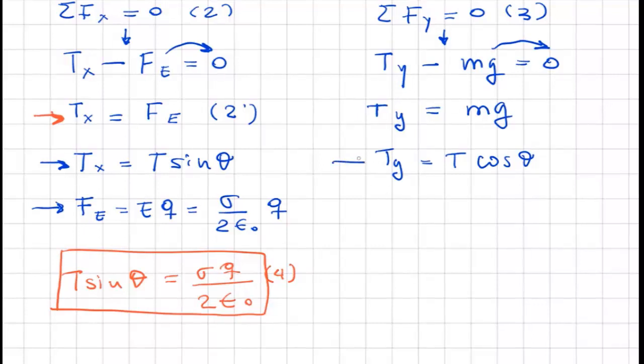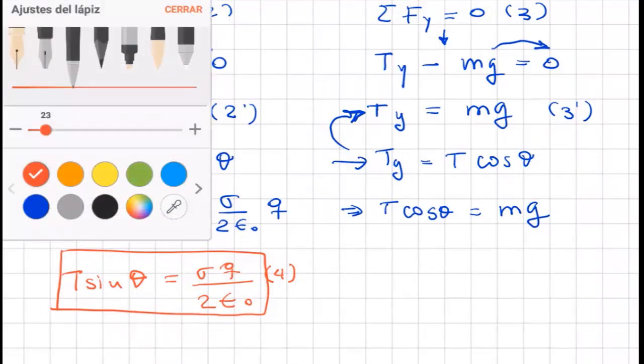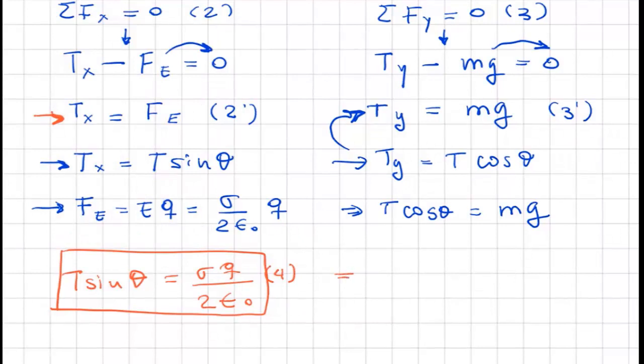Because Ty is T cosine of theta, we replace Ty in equation 3 prime, and we get that T cosine of theta is equal to mg. We call this equation number 5.